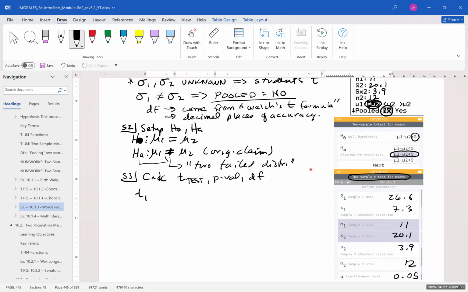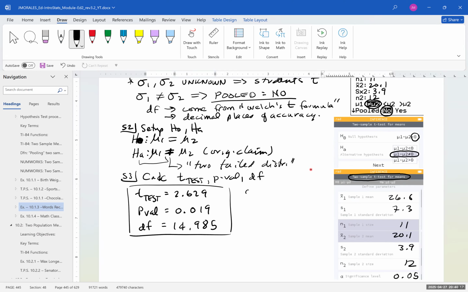So we've got our test statistic of 2.629. We have our p-value of 0.019, and our degrees of freedom is 14.985.